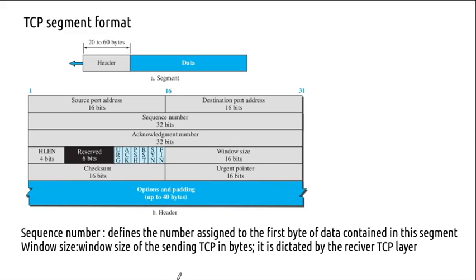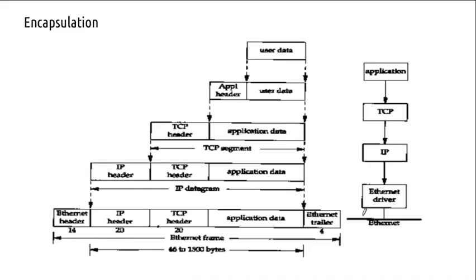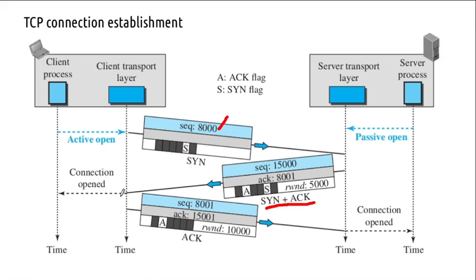This is the receive window size. So the client can tell I can only receive 1000 bytes at a time. That means this will ultimately be dictated by the client, as I mentioned in the previous slide. These window sizes are dictated by the client. This is a flow control mechanism.